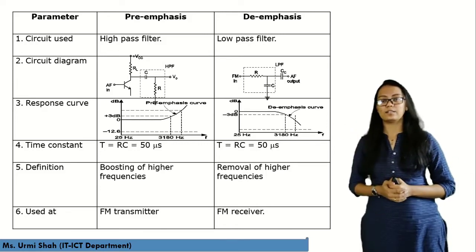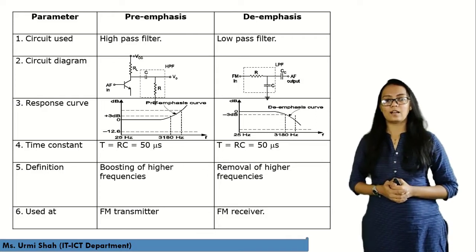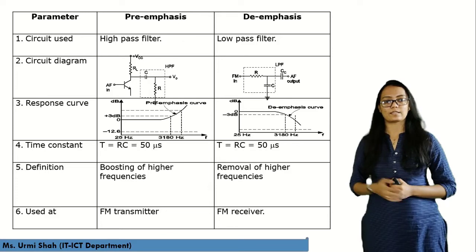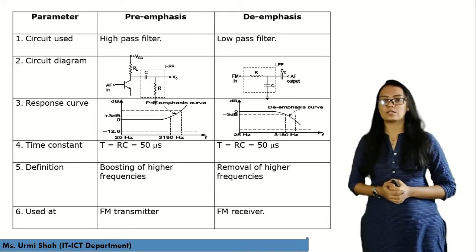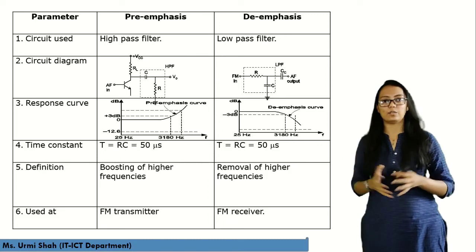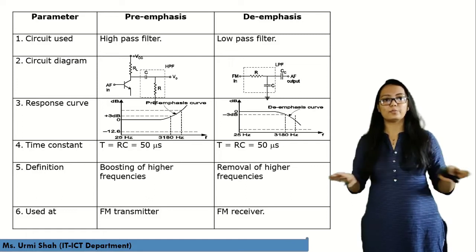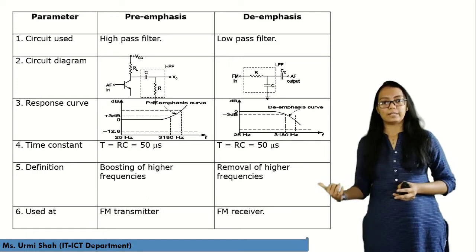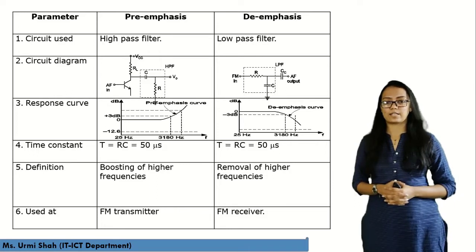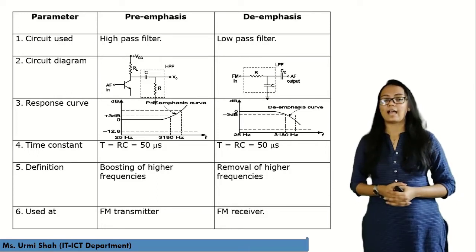Basically, the time constants of pre-emphasis and de-emphasis are equal. Both are 50 microseconds. In pre-emphasis, we perform boosting of higher frequency. In de-emphasis, we perform removal of higher frequency. Pre-emphasis is done at the transmitter side and de-emphasis is done at the receiver side. This is how both processes, pre-emphasis and de-emphasis, work.